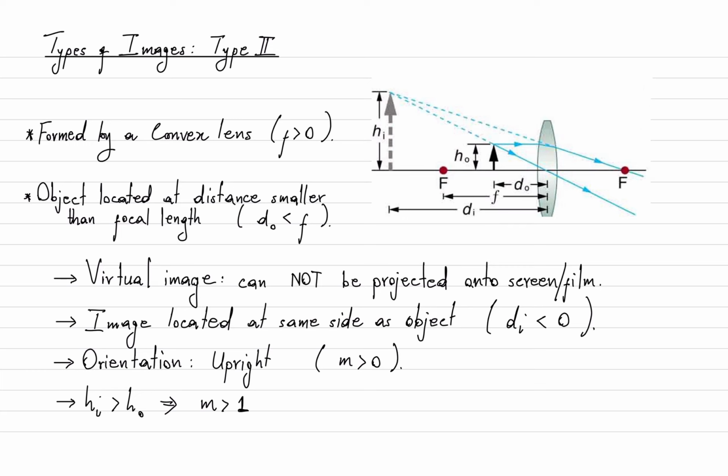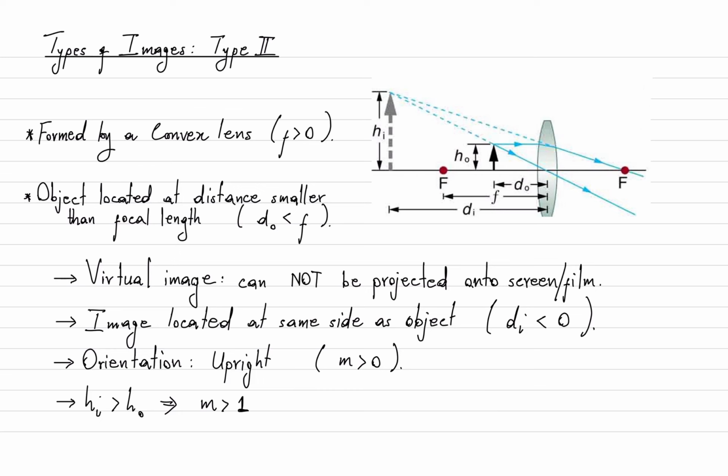It's upright, which means the magnification is positive. And since the height of the image is larger than the height of the object, not only is our magnification positive, but it's also larger than 1. This is the second kind of image that can be formed by a lens.